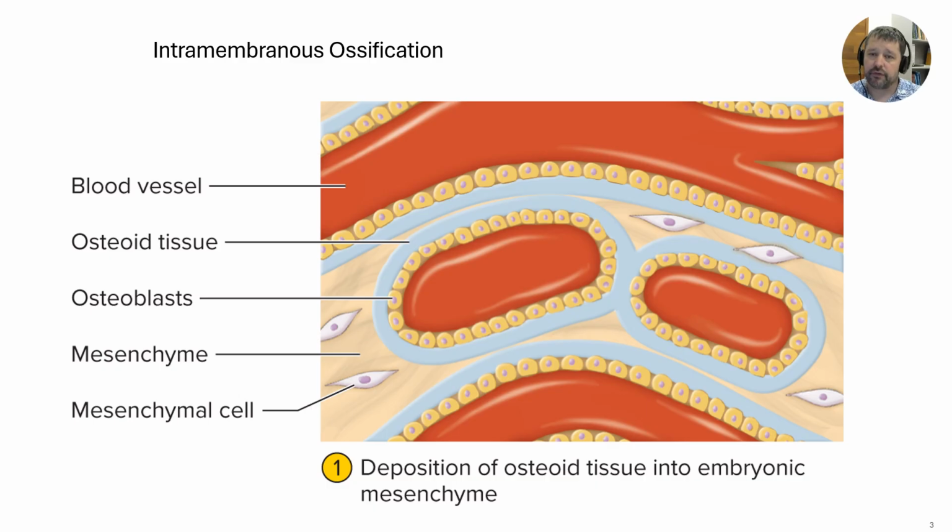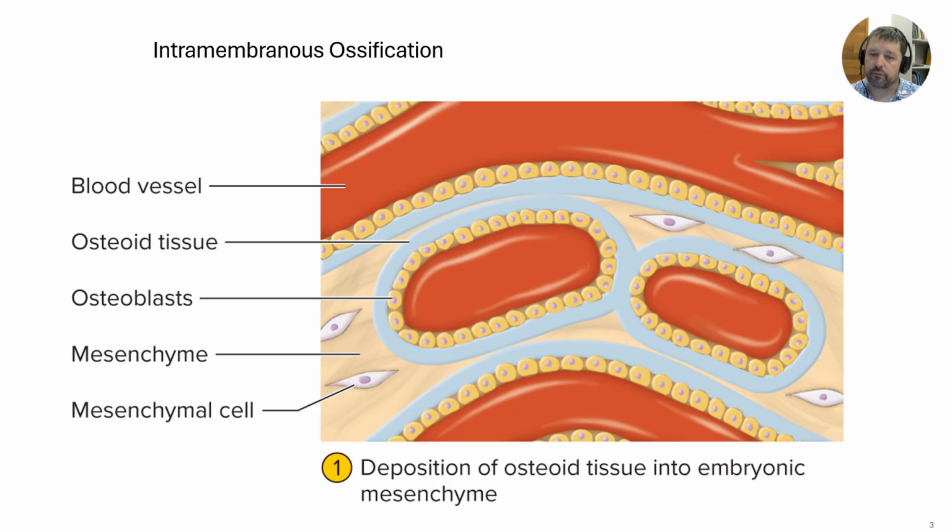They're getting the energy, nutrients, and oxygen from the nearby blood vessels in order to do this. So the first step is to deposit osteoid tissue into the embryonic mesenchyme. The mesenchyme is a region where there are mesenchymal cells and nutrients, proteins, lipids, and other things in solution.